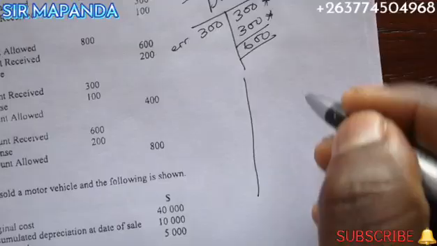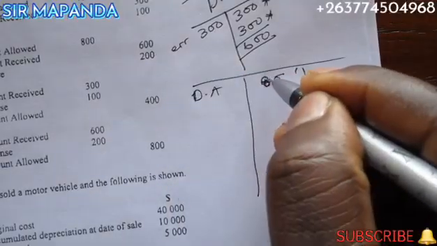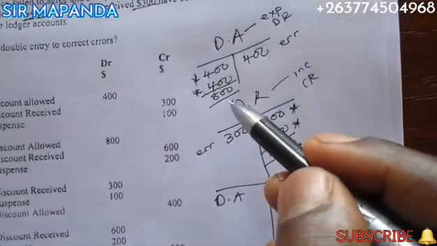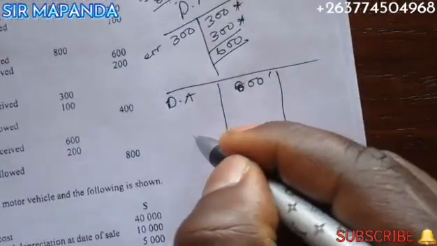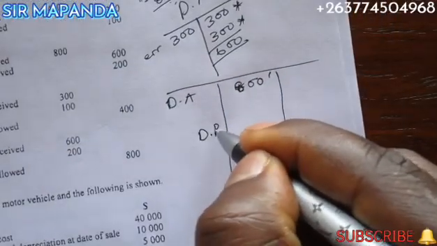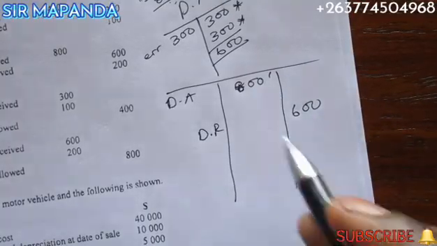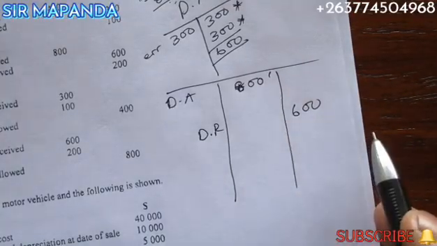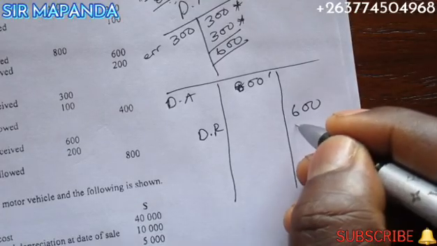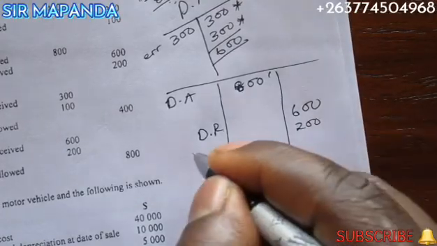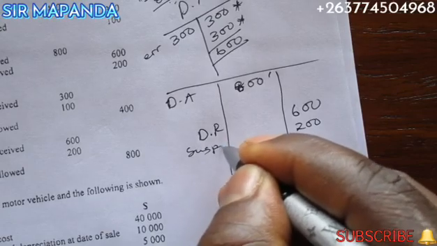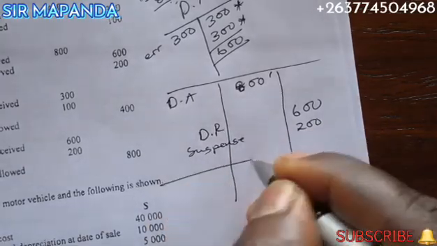So here is our journal entry. Debit discount allowed by 800, which is the total. Then credit discount received by 600. So for the debit to agree with the credit, a difference of 200 is going to be credited, which represents the suspense account.